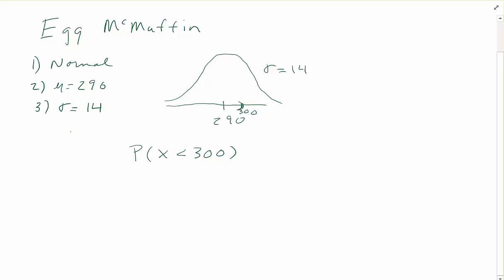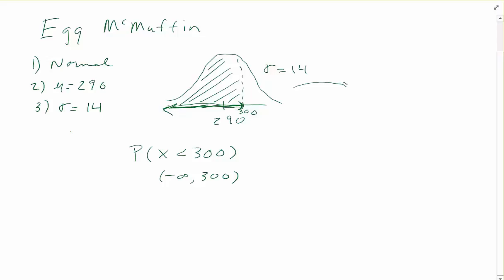So my interval that I want the probability for is basically from negative infinity up to 300. And the probability of being in that interval, the answer to this question, is the area under the density function above the interval.